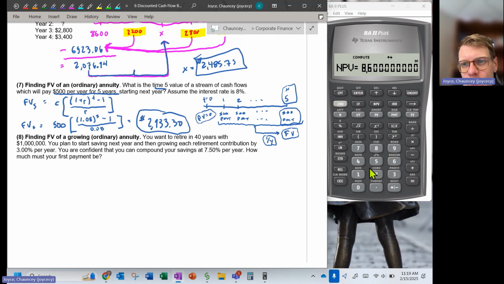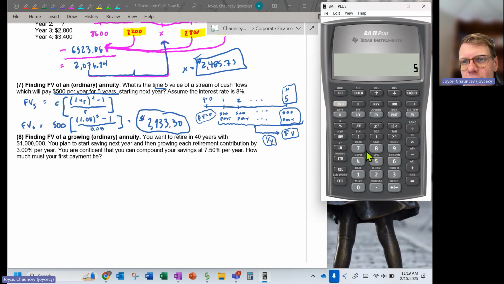So N is 5. So we'll go 5 N. Our rate is 8, 8 IY. 500 payment. No starting balance. So 0 lump sum. Think of that as a single cash flow there for present value. There's nothing there. We're just valuing the 5 payments of 500 compounded at 8%.